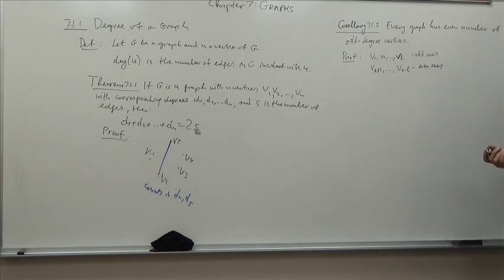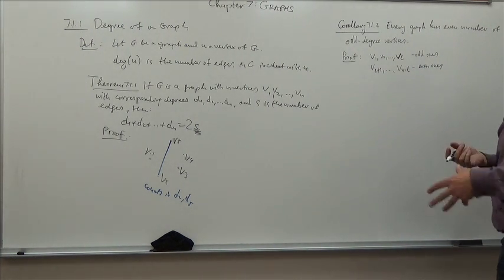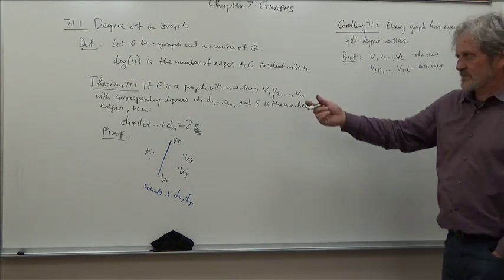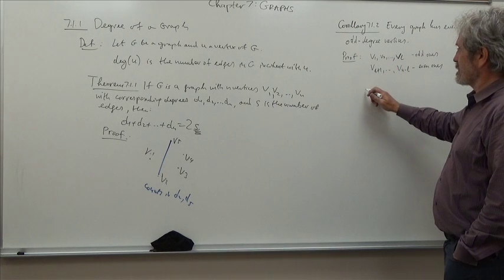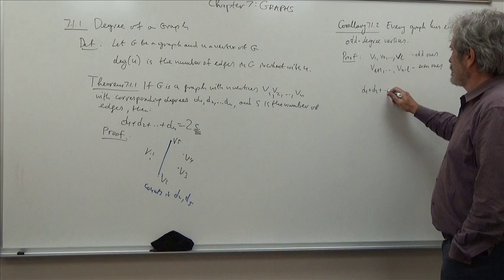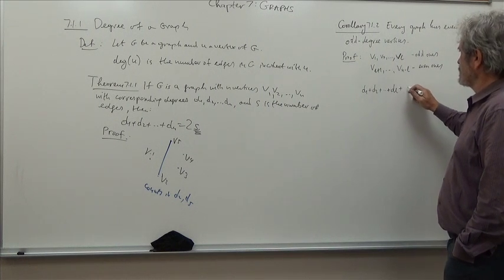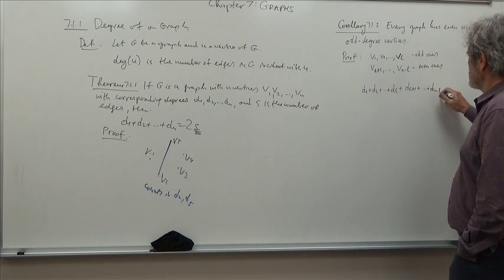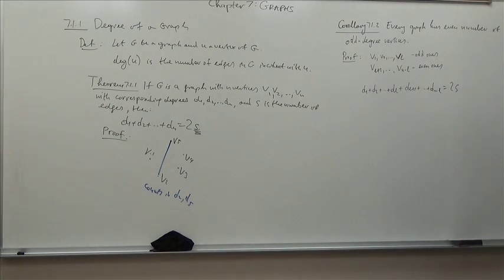That's not special, I just make a label so that the odd ones are labeled first. Then using this theorem, we know for their appropriate degrees that D1 plus D2 plus up to DL plus DL plus 1 plus up to Dn minus L equals 2S.